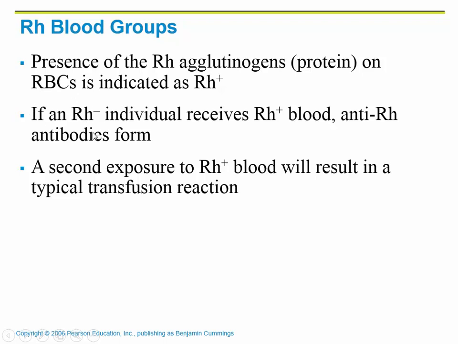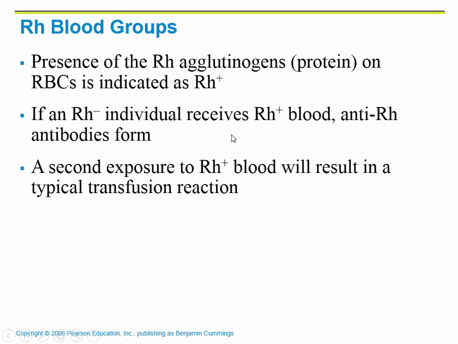If you're Rh negative, you do not have that protein present. The Rh factor is dominant. So if one person in a marriage has Rh positive blood, then the baby will be Rh positive because it is dominant.